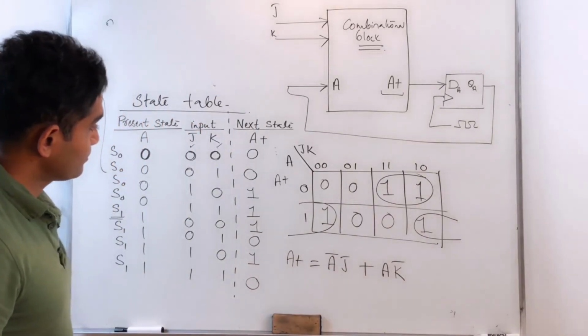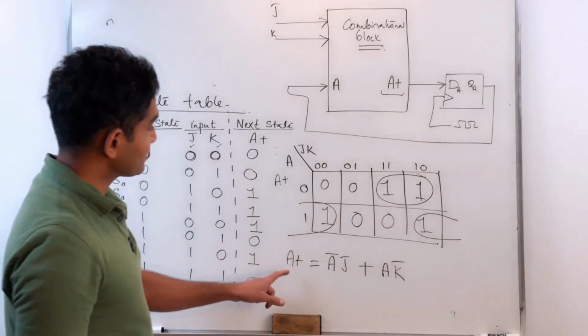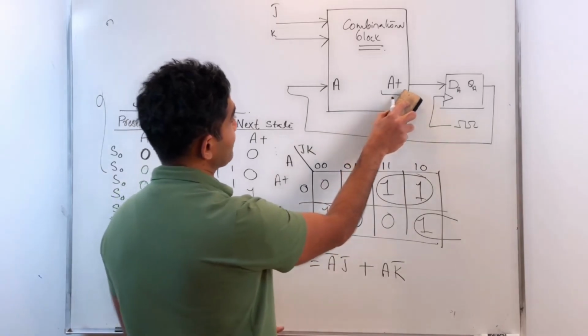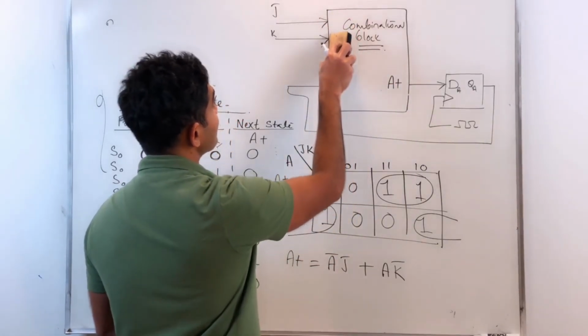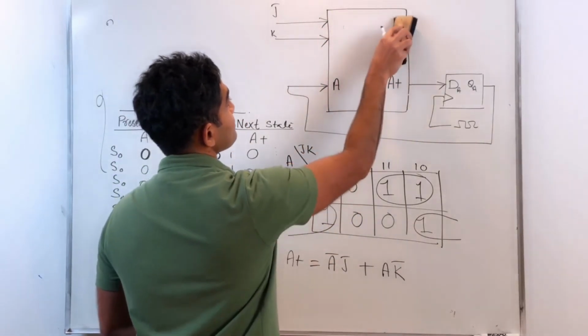So that's the function. Now I know exactly how to get A plus as a function of J, K and A.